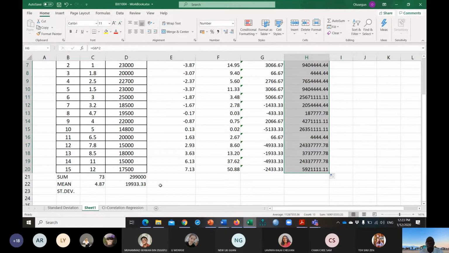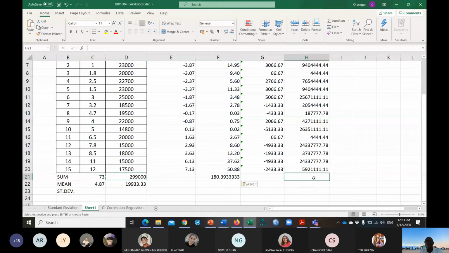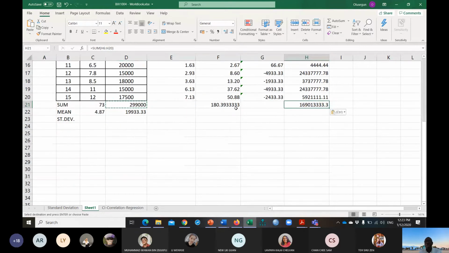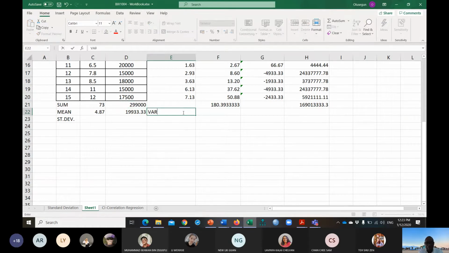Here, so we get the sum, because this is what we need. And when we get the sum, we get the variance. The variance is this one divided by n, and our n is 15. Let me just put variance here.